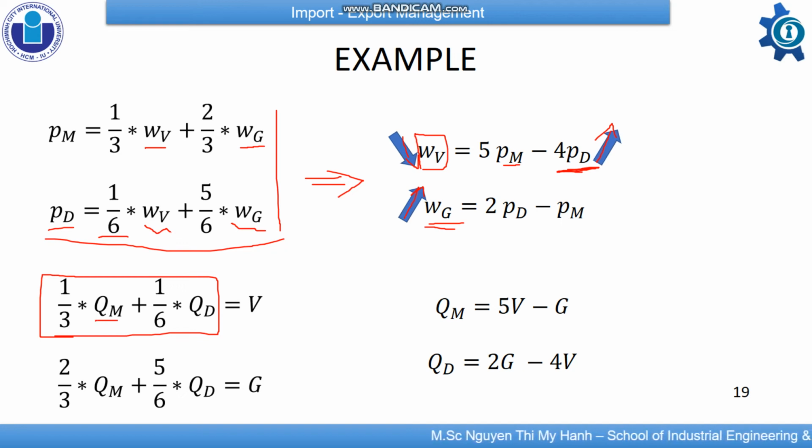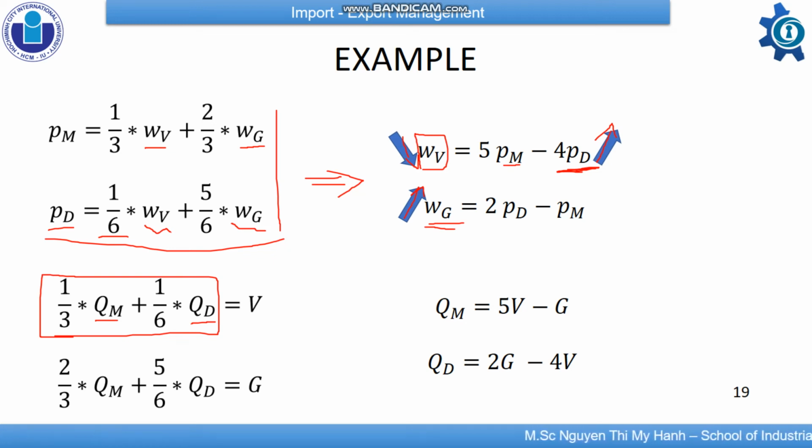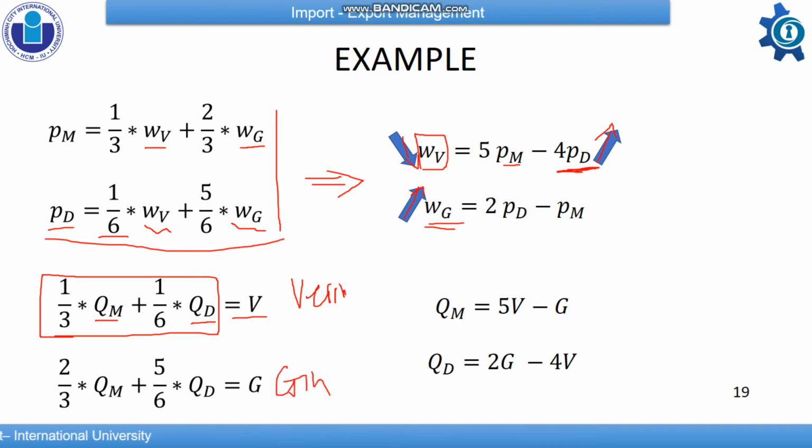QM is the quantity of our regular martini, and QD is the quantity of dry martini. So we have 1 over 3 times QM plus 1 over 6 times QD equal to the fixed supply for vermouth. So the first one is the vermouth constraint, and the second one is the gin constraint.